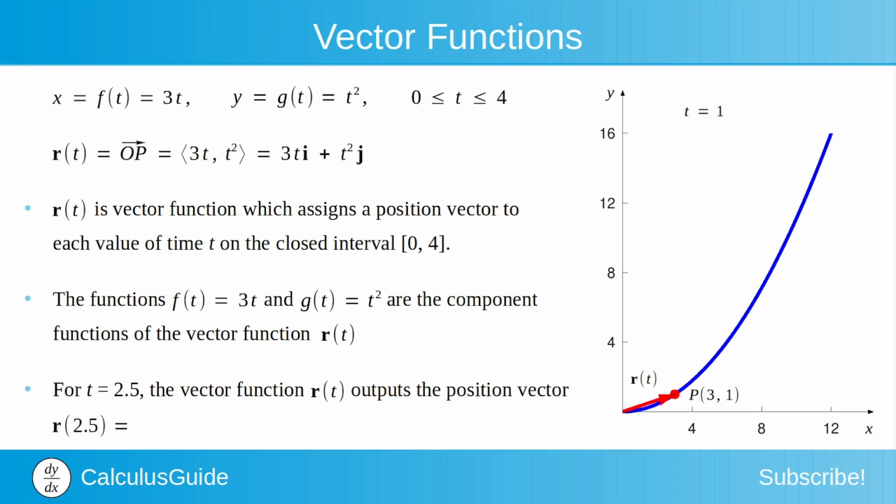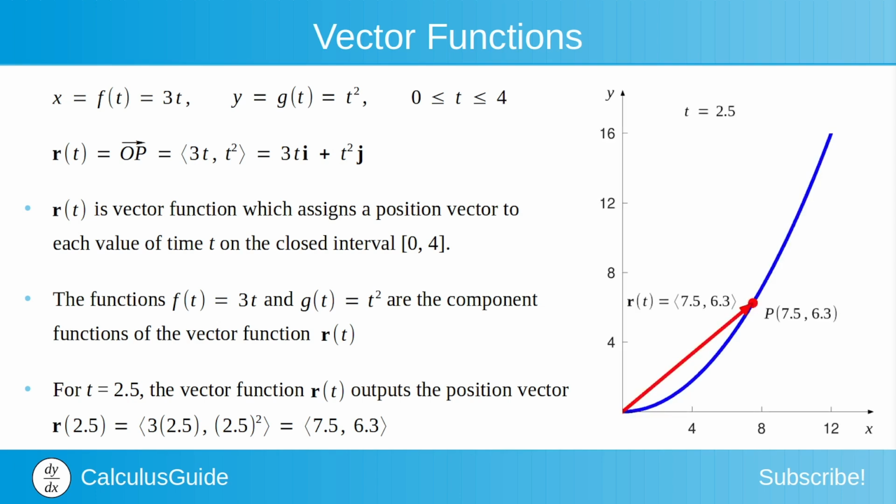For time t equal to 2.5, the vector function r of t outputs the position vector r of 2.5, which is equal to the vector (3 multiplied by 2.5, 2.5 squared), which is equal to the vector (7.5, 6.3). This vector is now shown to the right.